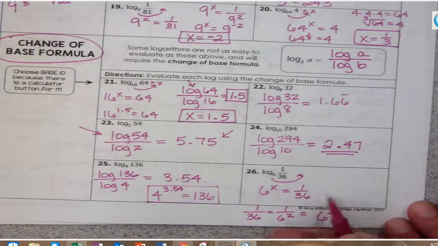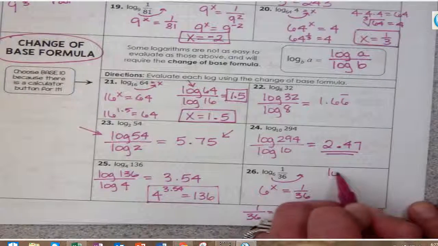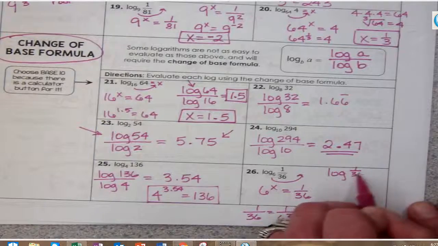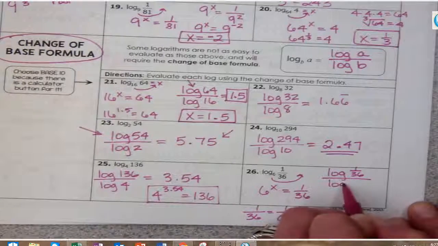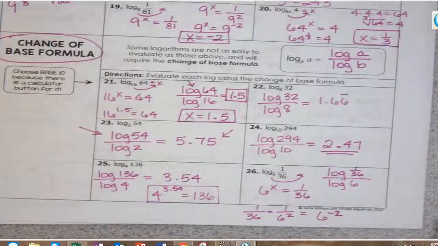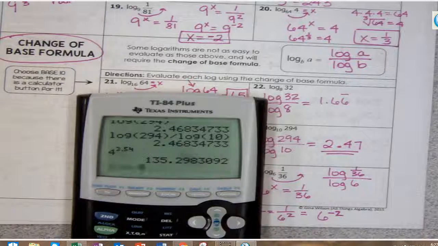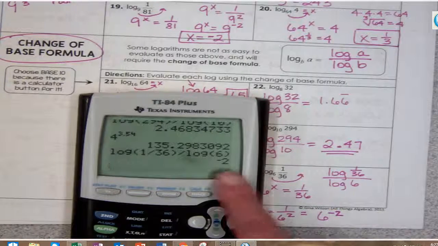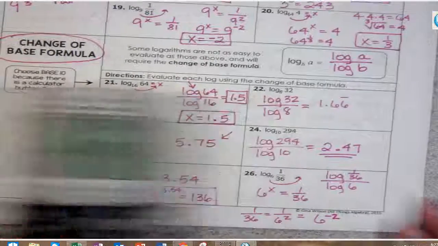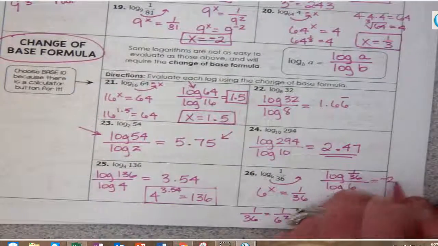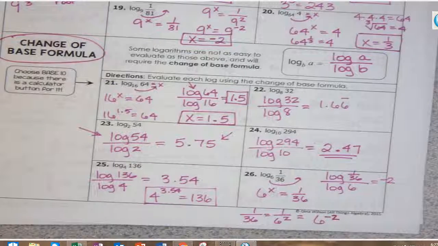But if we did it, log of 1 over 36 over log of 6, you'll find it's the same thing. I'm going to predict that it should be negative 2. Log of 1 divided by 36 in the parentheses divided by log of 6. I'm just typing in my equation just as it is, and I should get negative 2, which I do. Alright. Hopefully that helps. Do your homework.